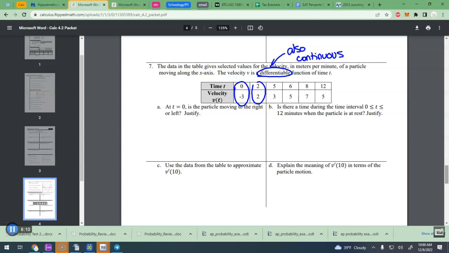It could be true that at 3 the velocity is 0. I don't know. It could be true at like 5.5 the velocity is 0. I don't know any of these, but I know that the velocity switched from being negative to being positive. It was negative at one point, and now it's positive. I can't get from going this way to going this way without that brief moment of turning around. So yes, since v of t changes from negative to positive. Does that make sense?